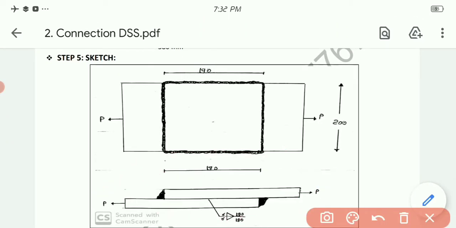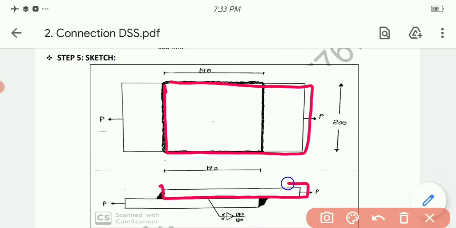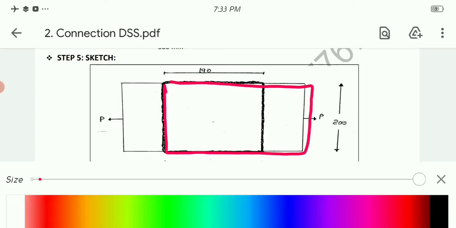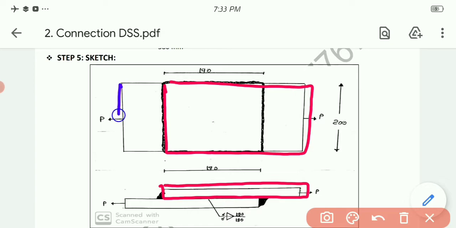Now this one is my first plate, I'm showing it in the sketch. This one is my upper plate, while this one is my second plate, the bottom one.